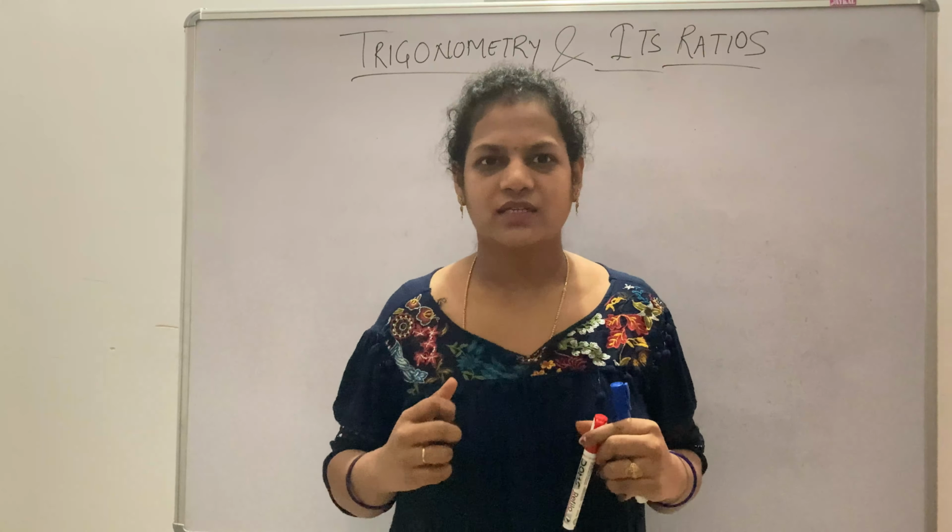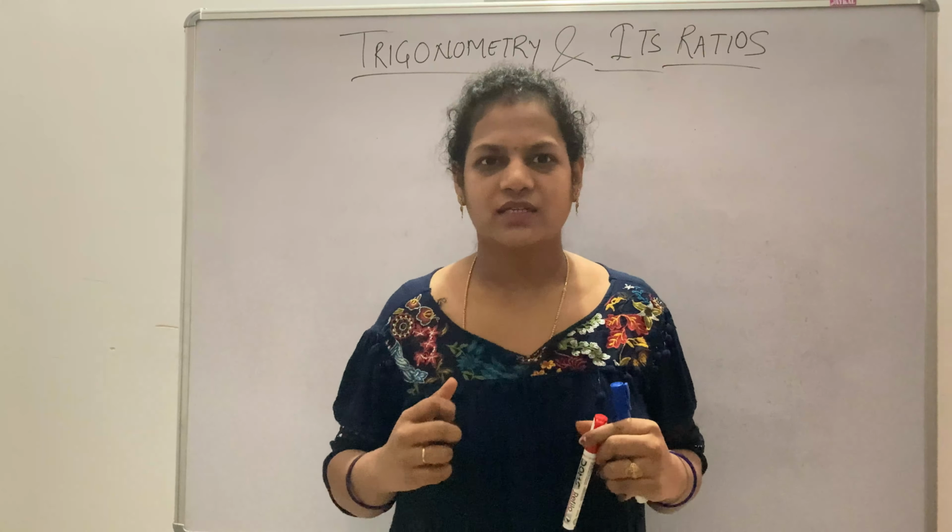So sine theta, what does it say? Sine theta is always opposite upon hypotenuse. So first we will see opposite, hypotenuse and adjacent. See friends, this is your theta. Opposite to this theta, what is there?